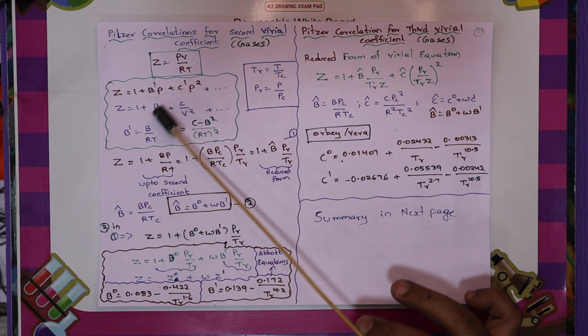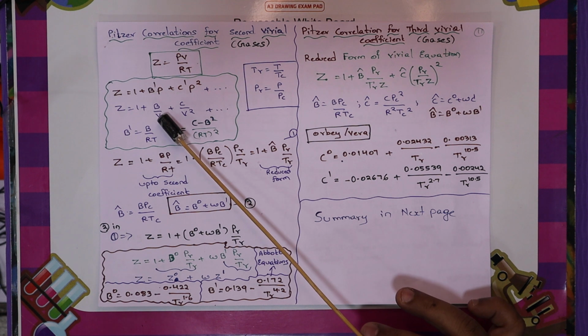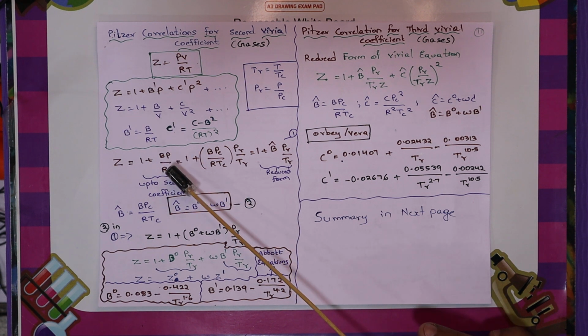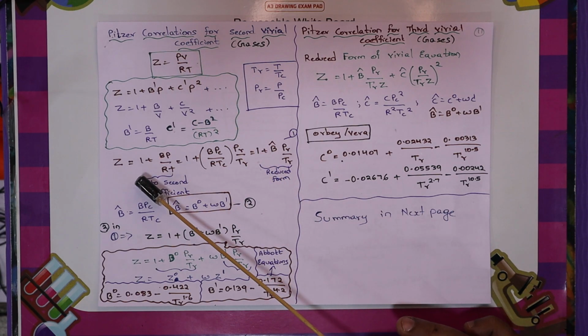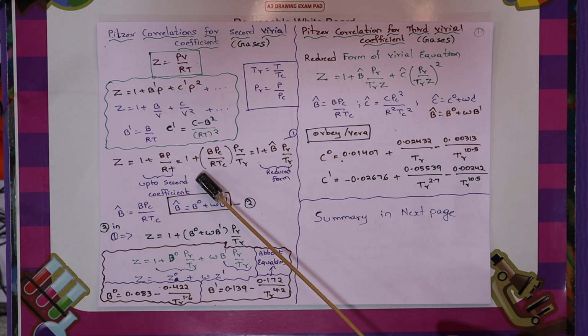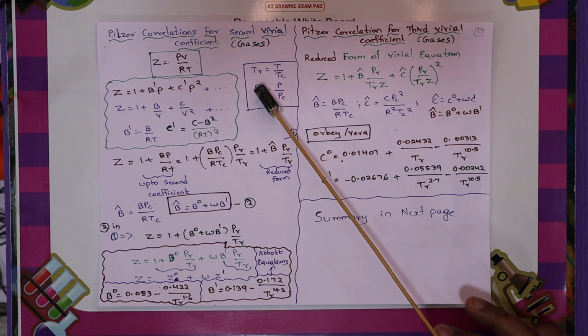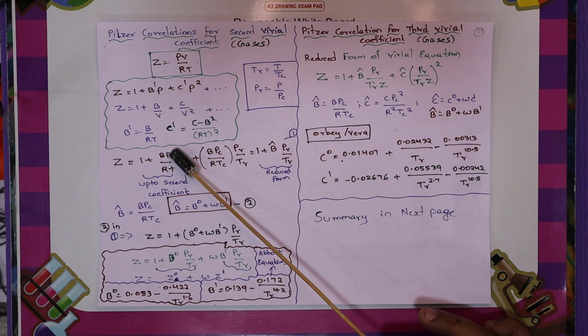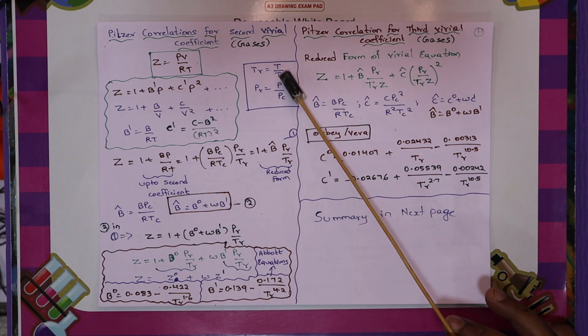Followed by this, Z equal to 1 plus B into P by RT, because we replace V with RT by P. That is Z equal to 1 plus BP by RT. If you convert pressure and temperature into reduced form, in place of P you put PR into PC, and in place of T you put TR into TC.